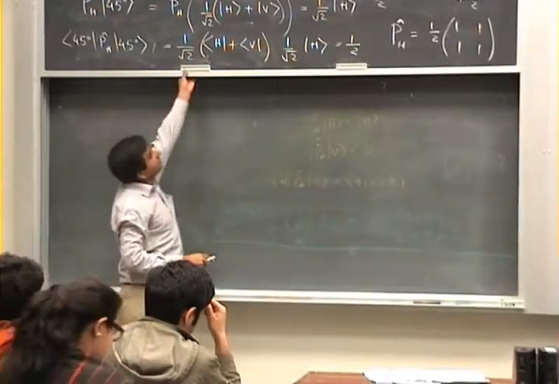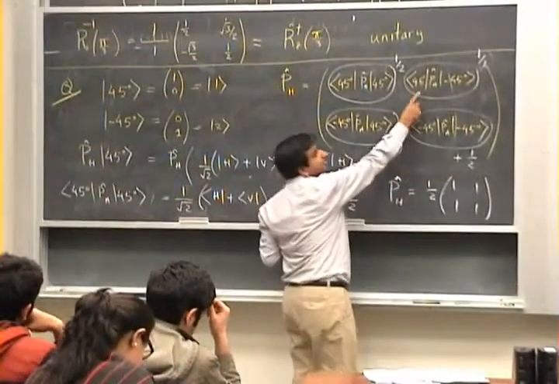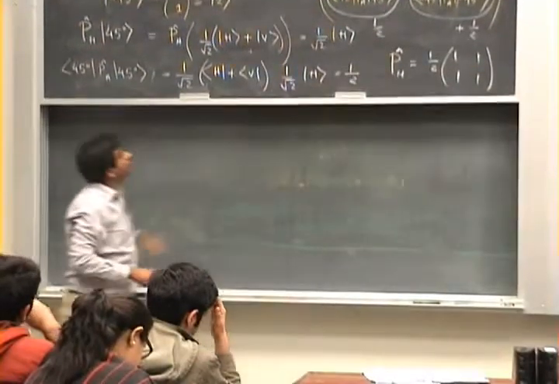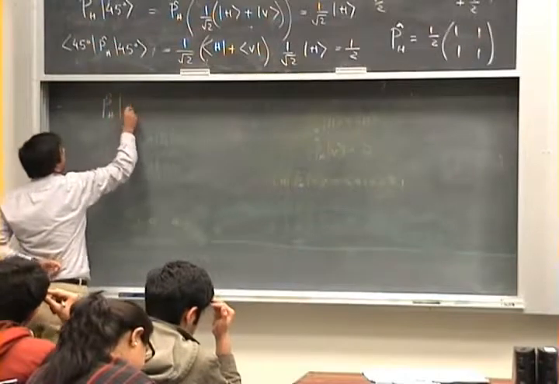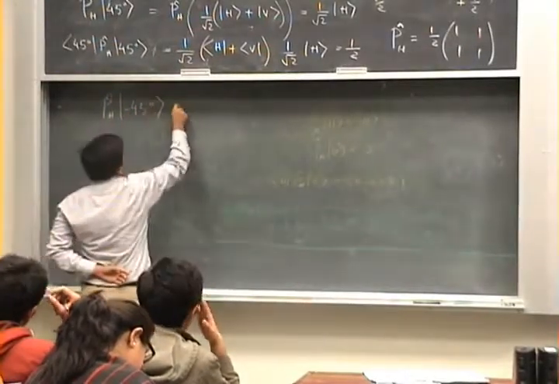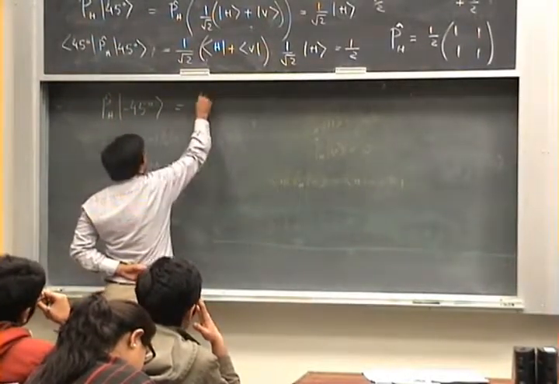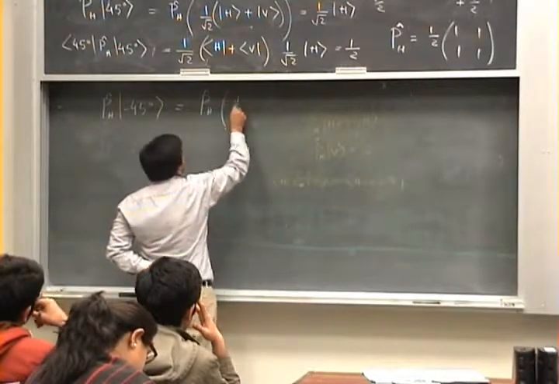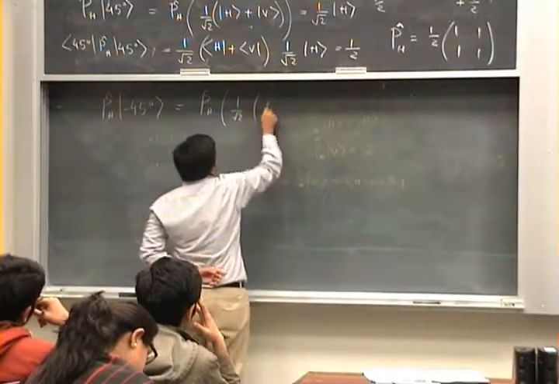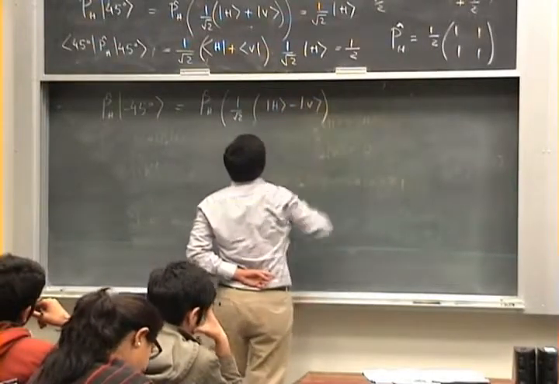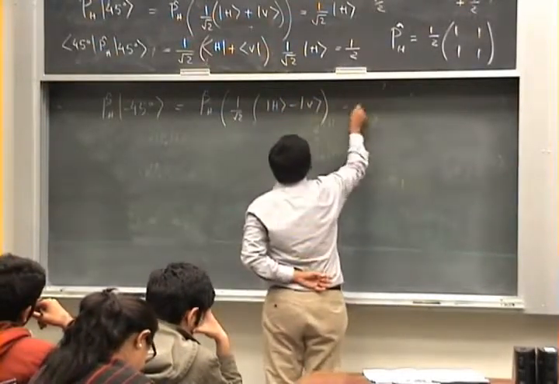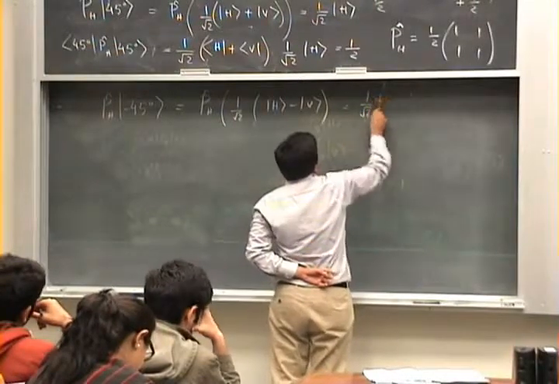Alright, the second element, I would like to calculate this element now, okay? So what I need is pH acting on minus 45 degrees, which is pH acting on 1 over under root 2 ket H minus ket V, okay? 1 over under 2 ket H is the answer, right?